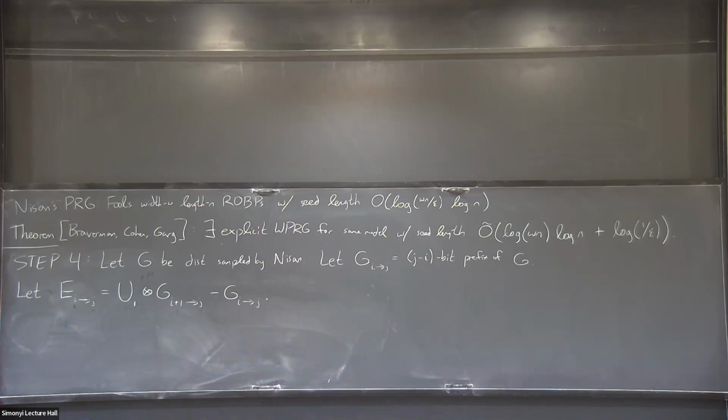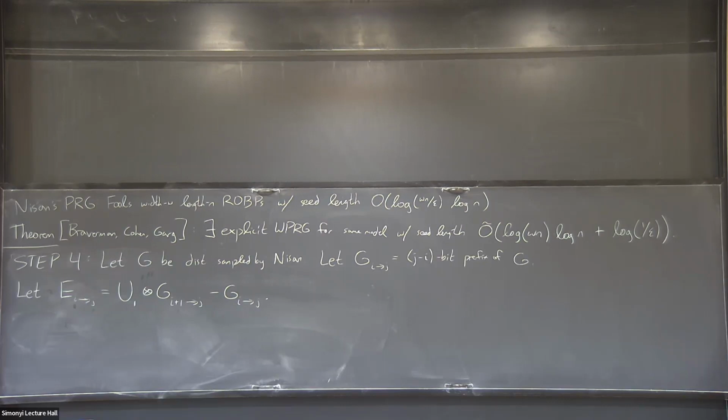Here, when you're saying tensor one bit with G I plus 1 to J, and look at G I to J, I'm not sure if the new bit is the one that's supposed to replace... in G I to J you're looking at bits 1 up to J minus I, and here you're looking at one uniform bit and bits 1 up to J minus I. Am I supposed to understand that the uniform bit that you tensored is supposed to be instead of the last bit or instead of the first bit?